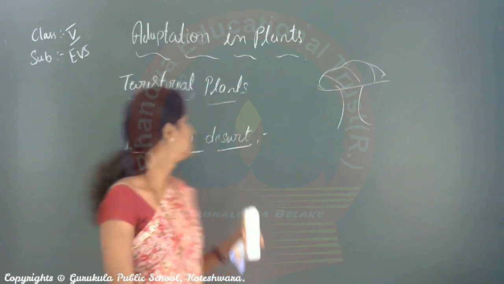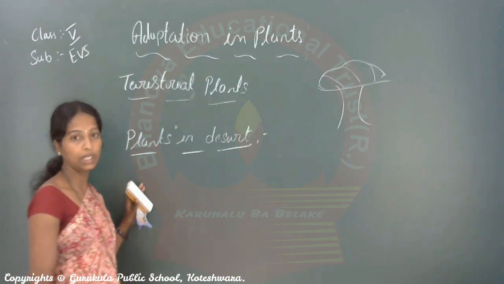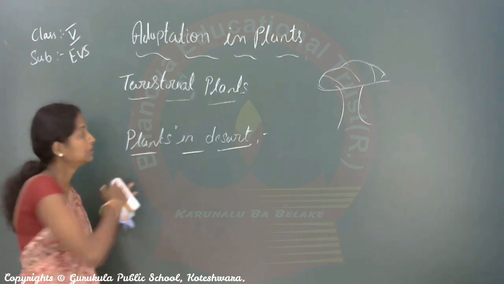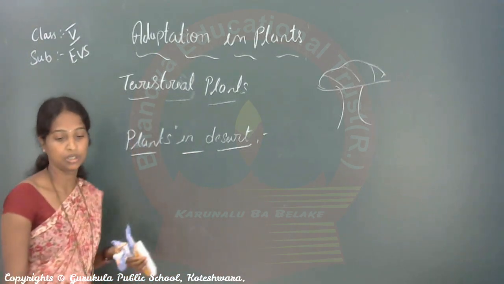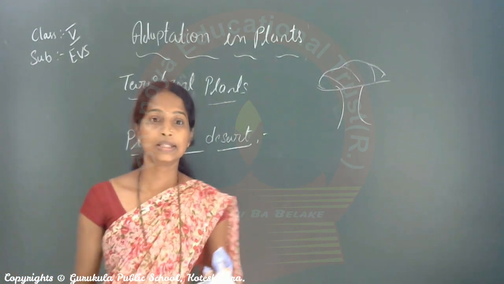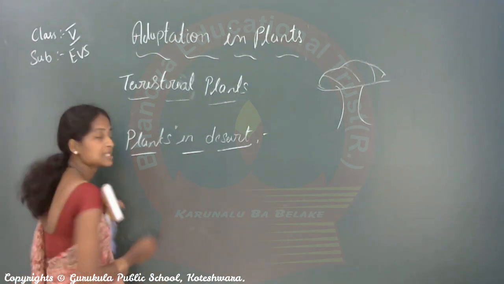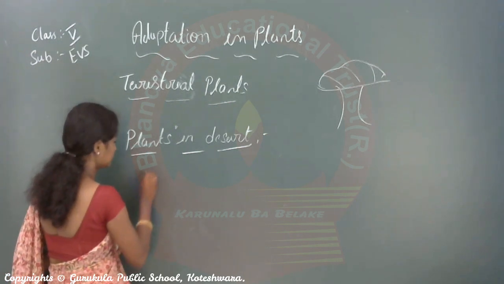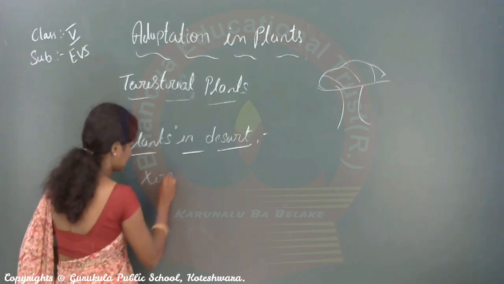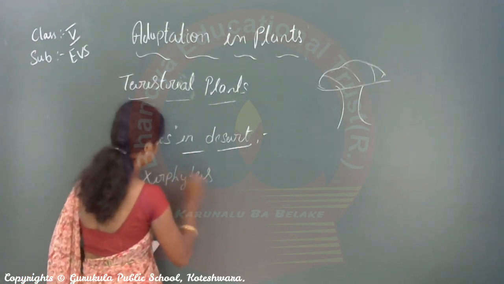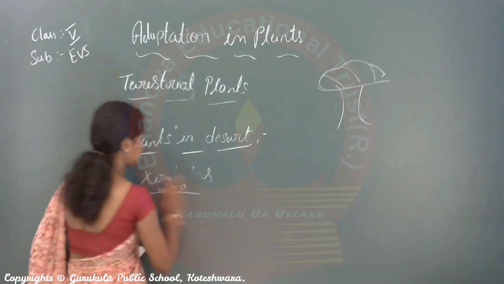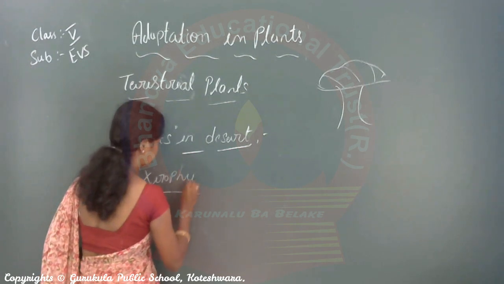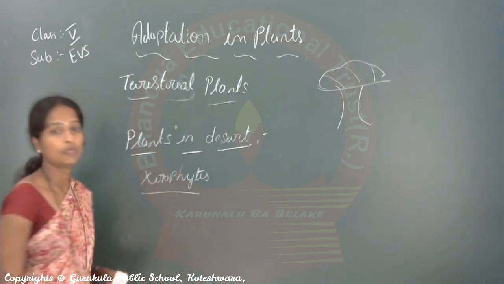These conditions mean little water available, little rainfall, and hot weather. The desert plants are called xerophytes.